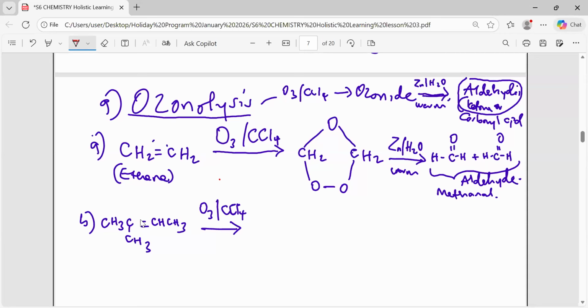Okay, so I'm going to try. The carbon that's near the double bond is going to be close to the oxygen atom, both those 2 carbon atoms. So I think they'll be on 2 opposite sides.